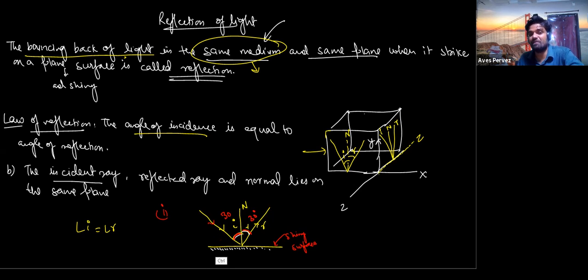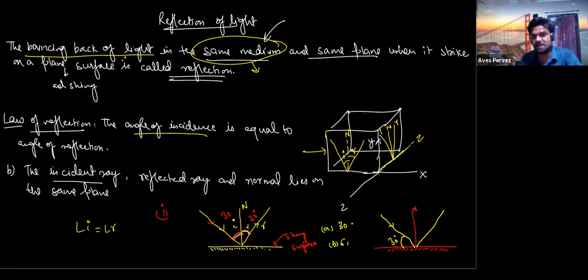If it is given to you, a 1 mark question arises from this: you have a shiny surface, and it is given that this is the normal. It is asked in the examination that if this angle is 30 degree, then what is the angle of reflection?